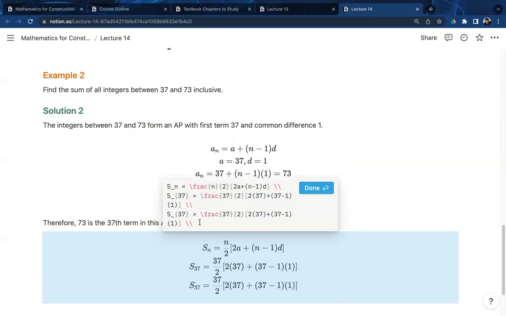So my first 37 terms, this is 37 minus 1. This is 36. So I could just take out this one here and just put 36.